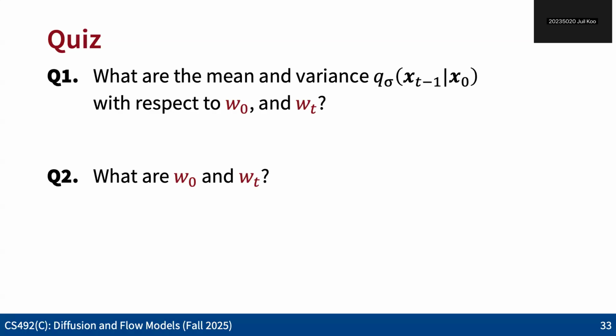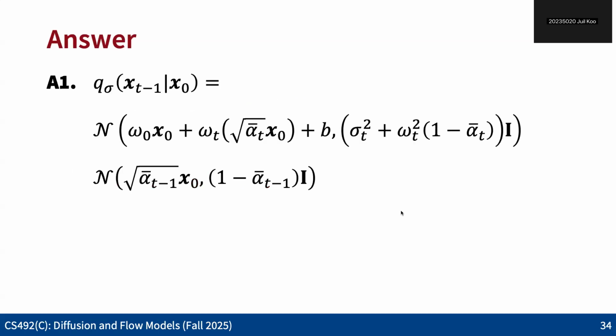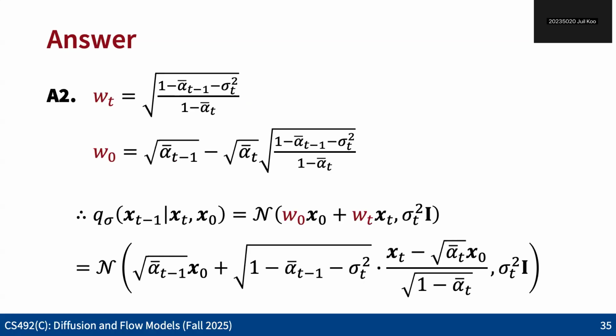So if you solve those things, I think you should have this, right? For the xt minus 1 conditioned on the x0, the mean and the variance should be computed like this. Based on that, you derive the W0 and the WT. Then you will see that the WT and the W0 are derived in this form. Is this something that you got?